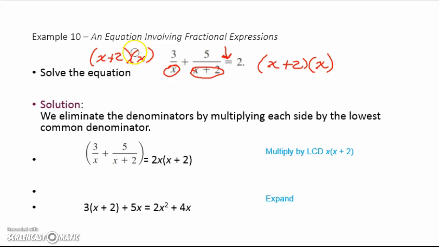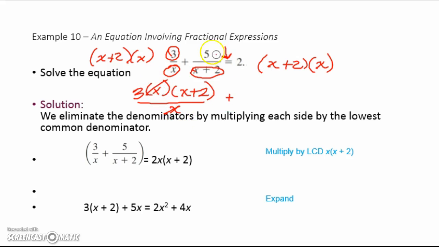So if we were going to do this, I would multiply the numerator here, 3, by both of those terms. That would give me 3 times x plus 2 over x, correct? And in doing that, that gets rid of, remember that's multiplying by 1. You could say it cancels.